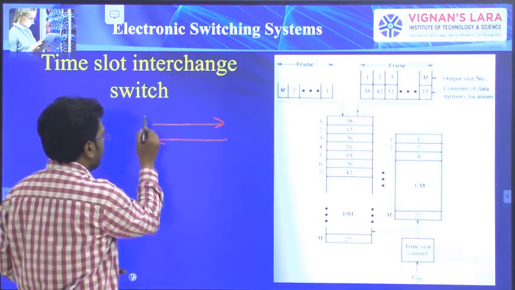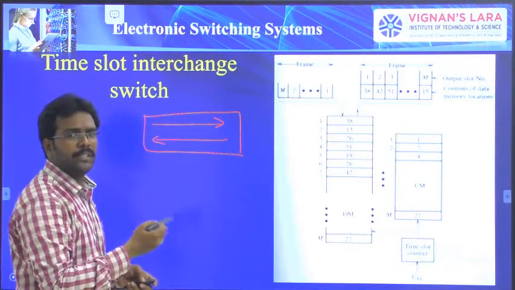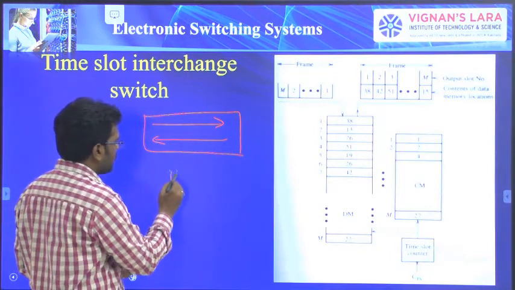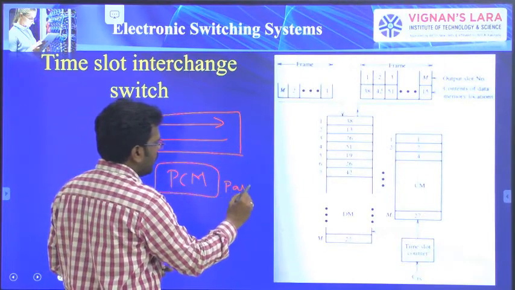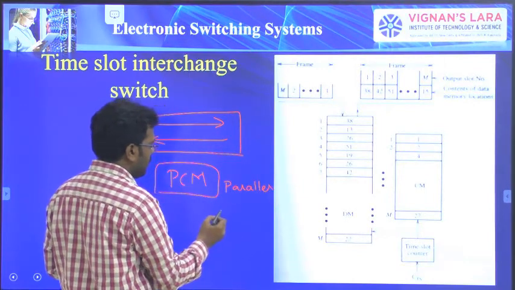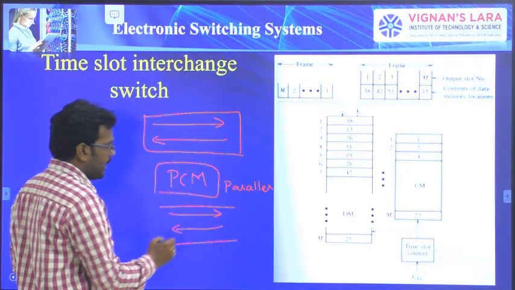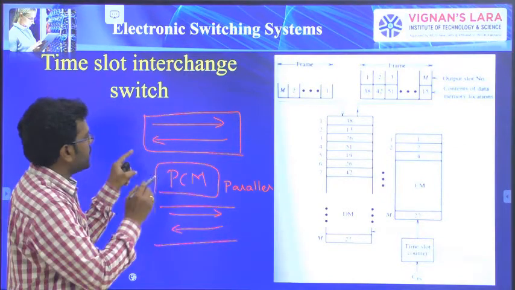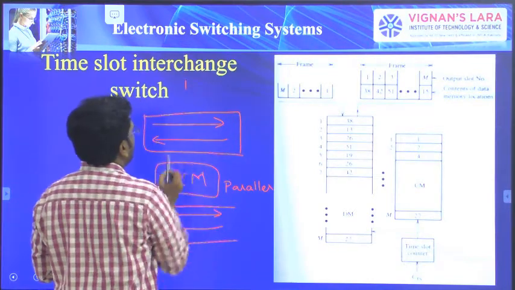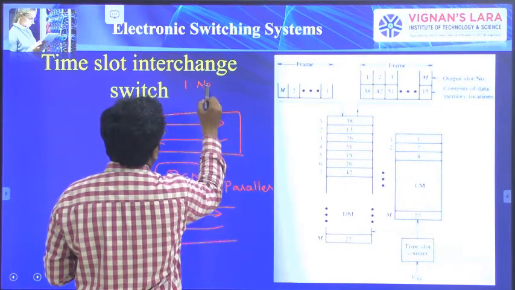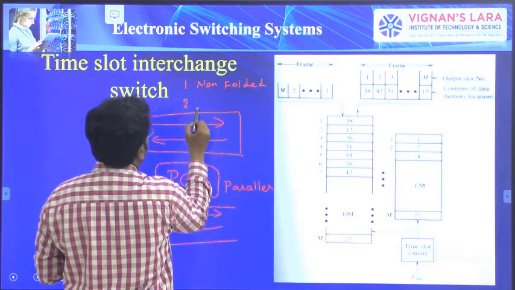Because of advancements in PCM technology, it supports parallel data transmission, right? Within the same channel, it can transmit both the transmitting data as well as the receiving data. So in this case of two-way transmission, there are two cases to discuss: one is a non-folded network, the other is a folded network.